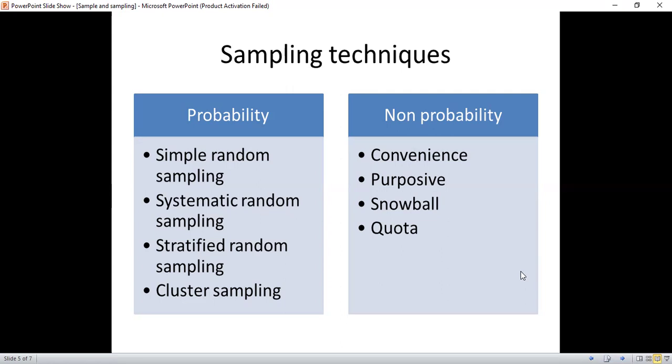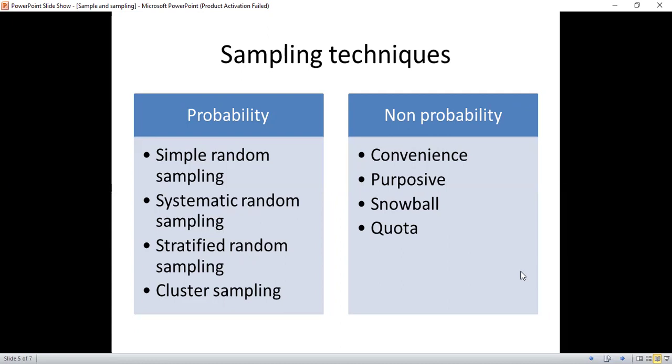If the population is very hard to reach, or it is very hard to set criteria for selecting them, then it will be more appropriate for us to use a non-probability technique where we have the possibility of reaching this difficult population, for example, snowball, where we start with one reference point, one participant.